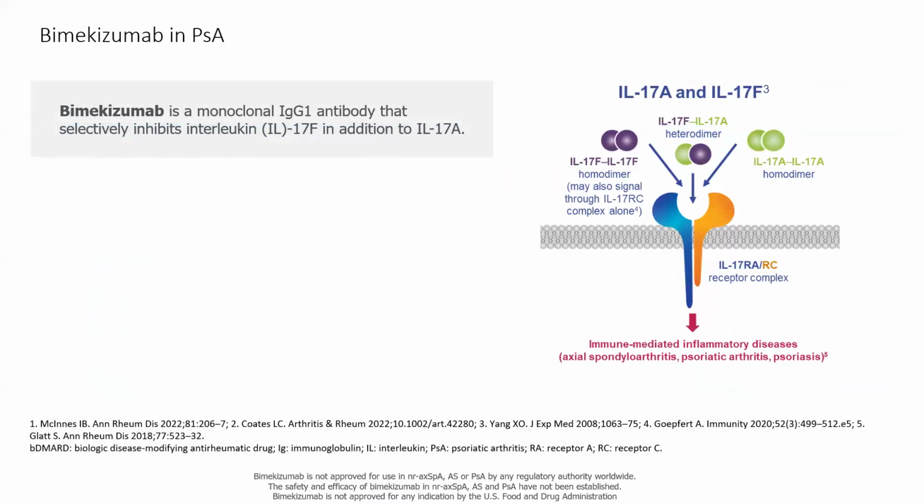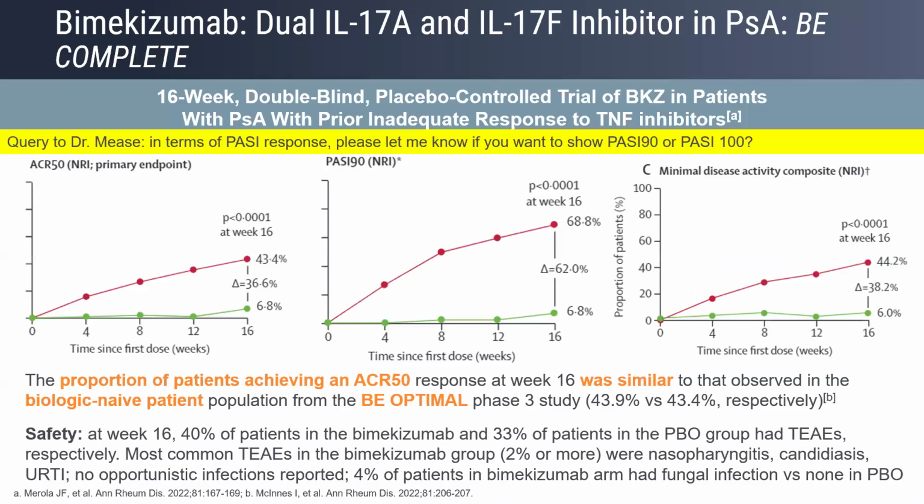There's a new IL-17 inhibitor that's due to be approved within the next month by the FDA. It's already approved for the treatment of psoriasis. It's called bimekizumab or Bimzelx. And here is data from a psoriatic arthritis trial that shows that it works very, very well in treating psoriatic arthritis.